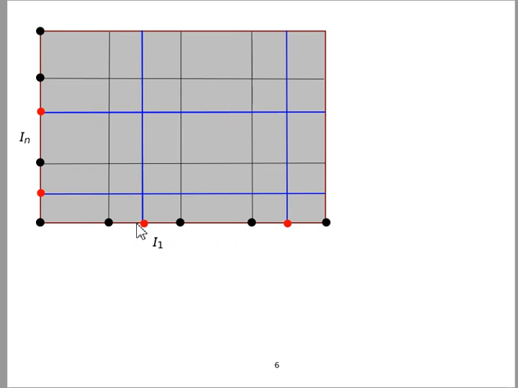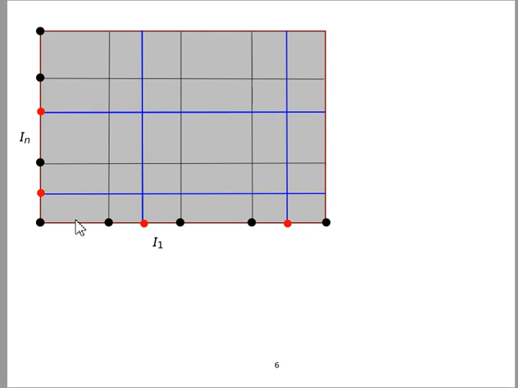Of course, you need to make it a partition, so you need to add the endpoints of the interval. Therefore, P21 is actually this point, these two red points between, and also the right endpoint. Similarly for the vertical direction.